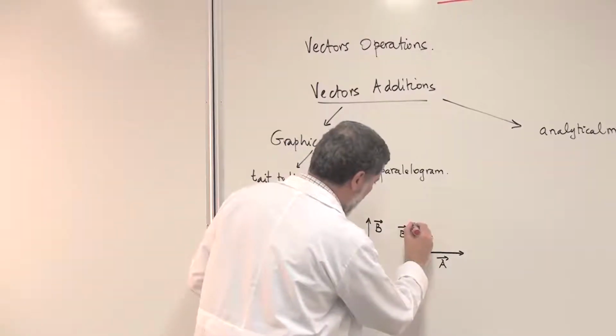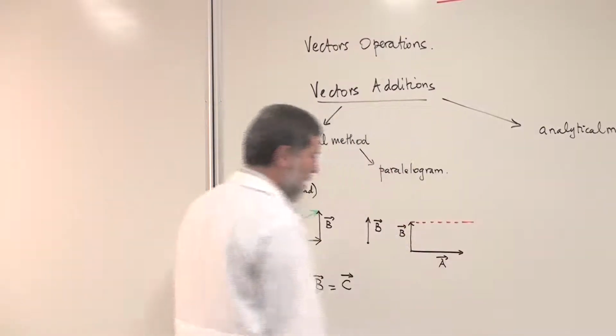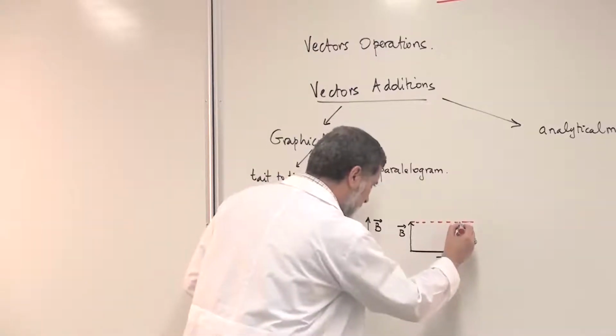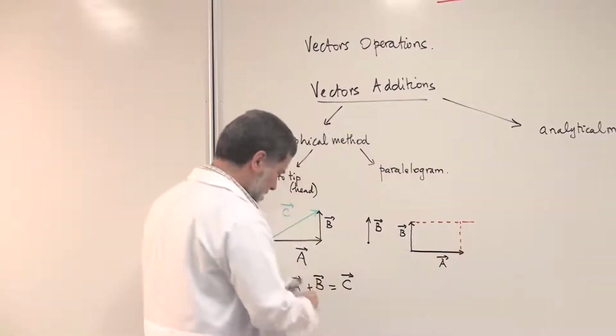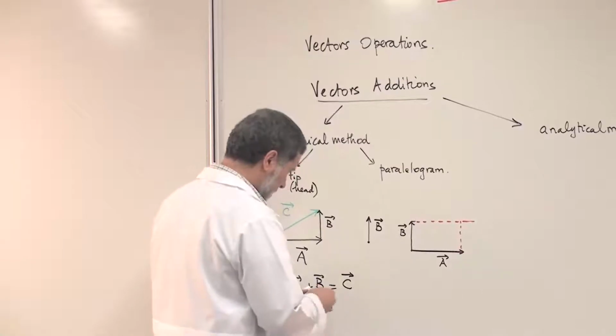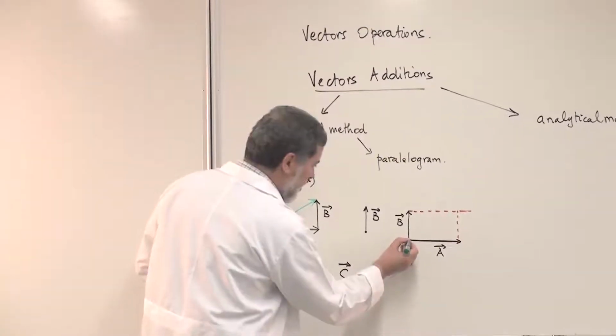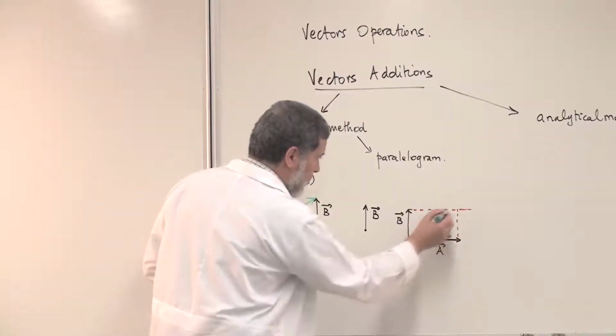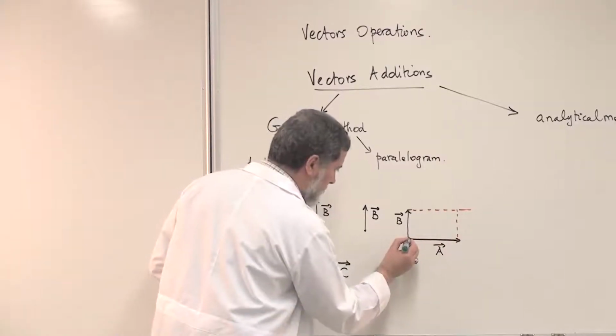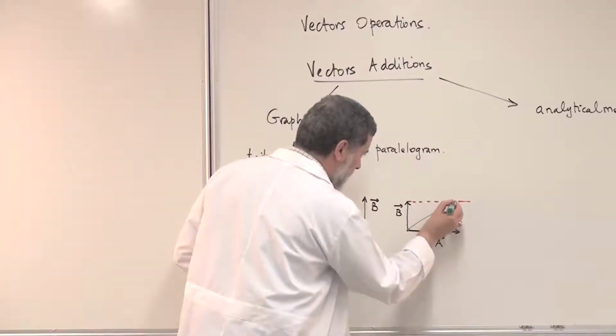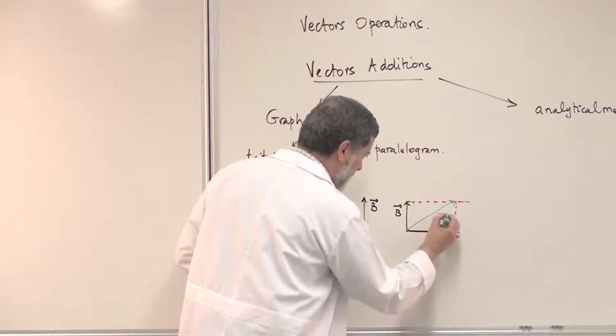I'm going to draw the parallel line to A and the parallel line to B, and then I'm going to join the tail, where the tails meet, to the intersection of the two lines. I'm going to join like this, and this will be my vector C again.